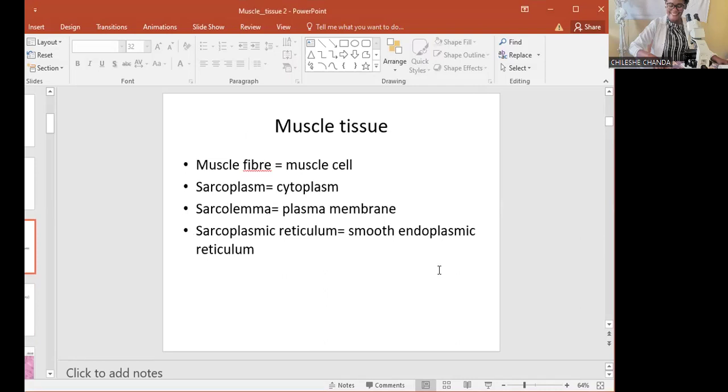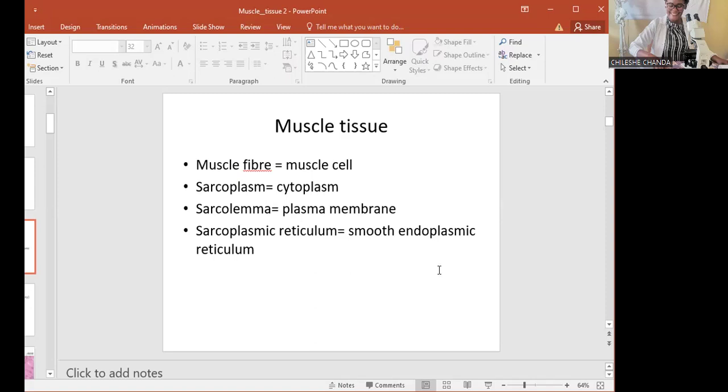One of the specific words is that when you're talking about a muscle cell, you can call it a muscle fiber. One muscle cell is referred to as a muscle fiber. The cytoplasm of a muscle tissue is called sarcoplasm.